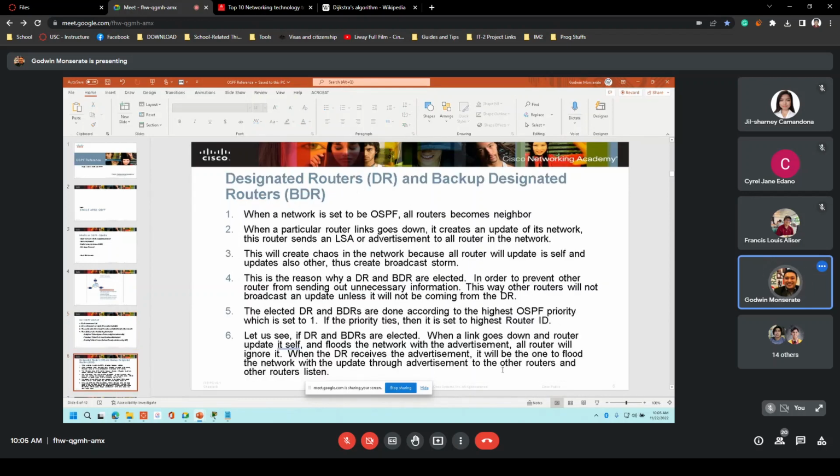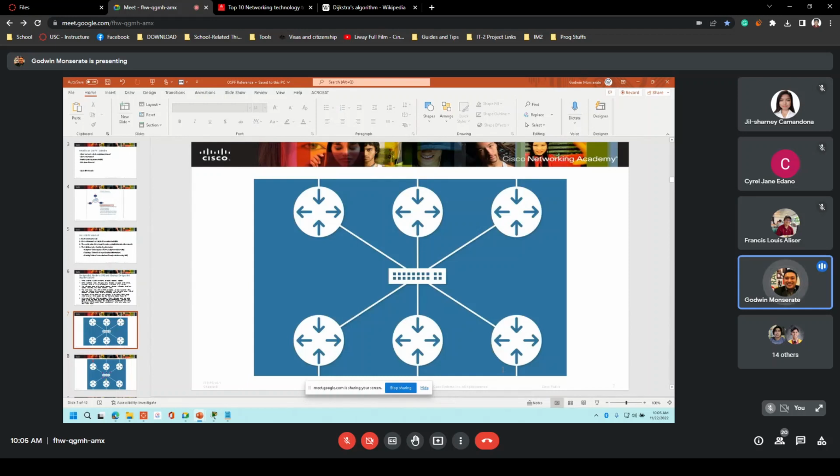Okay? So how does that router do it? With OSPF or any other routing, when a router sends its update, it will automatically broadcast to all of the routers. Once a router receives the update, it will broadcast it back to the others. So the information becomes very redundant. Imagine all of the routers sending updates from time to time.